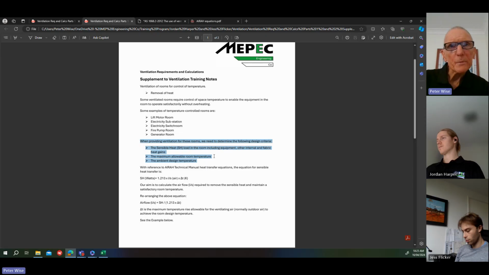But to have optimum operation, they probably don't want you to exceed, say, 50 degrees. So that's a couple of examples. And if you're using outside air, which is normally the case, you need to know the ambient design temperature. Now for Melbourne, it's 35 degrees. Okay, and that's in the codes if you want to look those things up.